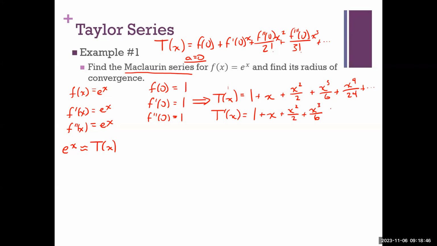So we said that e to the x has the same derivative over and over again, right? So would you agree that the first derivative of our Taylor polynomial is identical to the Taylor polynomial itself? So that's another way that you can see that they're kind of mimicking each other. But now let's do this. If I take the first derivative and evaluate it at 0, what do I get? Should still be 1, right?